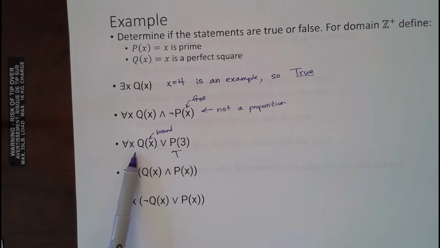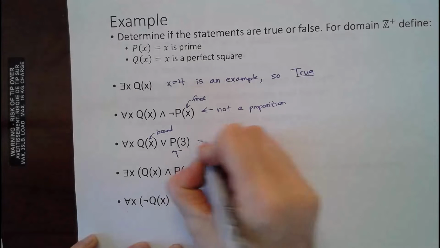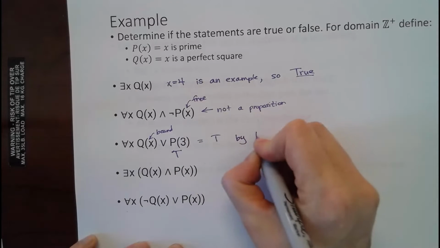Okay. So, do I need to even think about the rest? No, why not? Because anything or true is true, and you might even remember the name of that law. Yeah, we use the law to do our short circuit execution, definitely. But do you remember the name of the law? Yeah. The domination law. So this is true by domination.